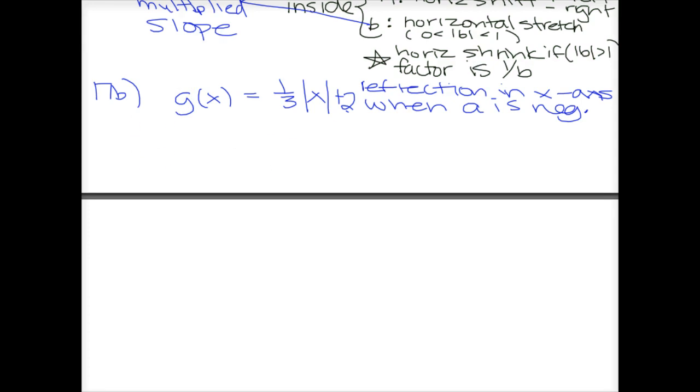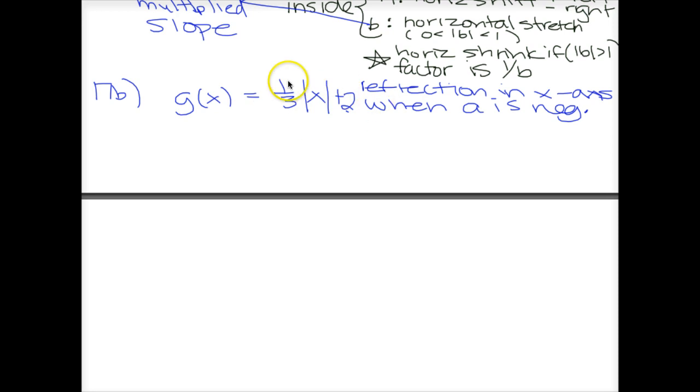So it does not matter which one you do first, whether you graph first and then list the transformations or list them first and then graph. It's whatever works for you. That is fine with me. So on these ones, I'm probably going to list the transformations first.